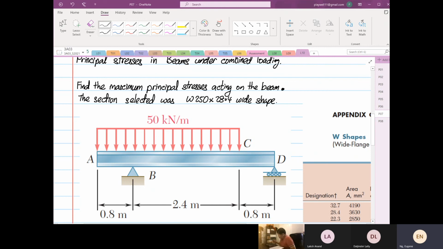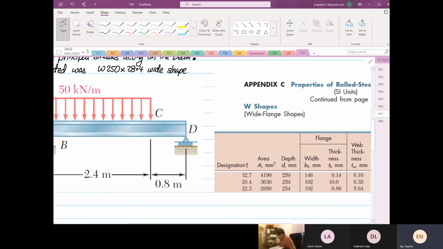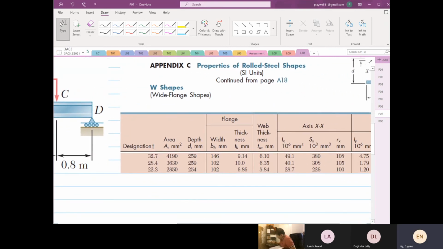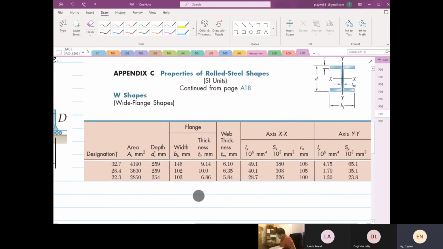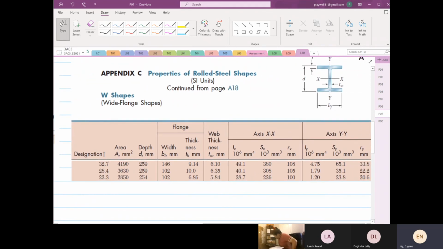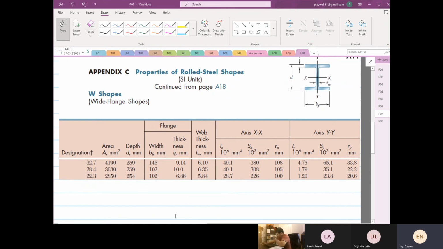It's tasked by saying W250 28.4. So this I beam, or wide flange beam, has been selected.